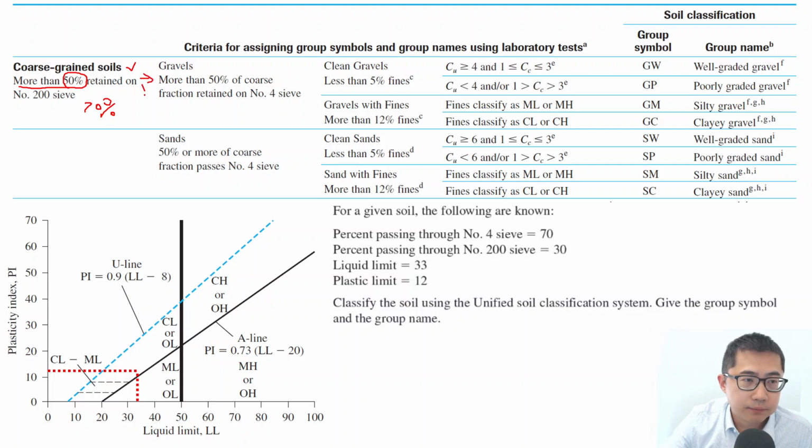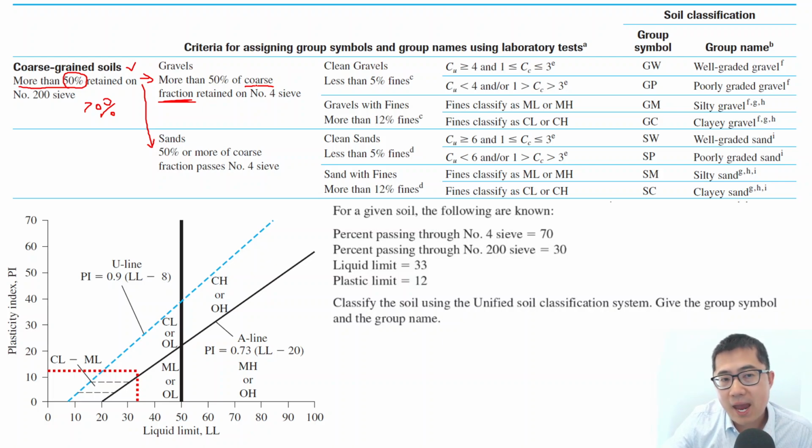Now, let's go on here. Is it gravel or is it sand? So here's the interesting part. We have to look at out of the coarse fraction. Okay, so what is the coarse fraction? Well, anything that retains on number 200 sieve is the coarse fraction.